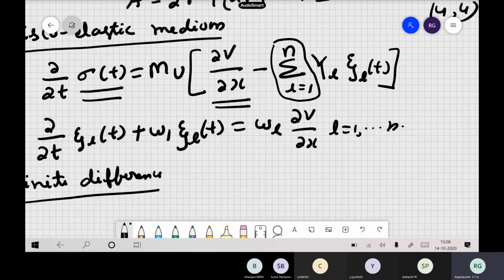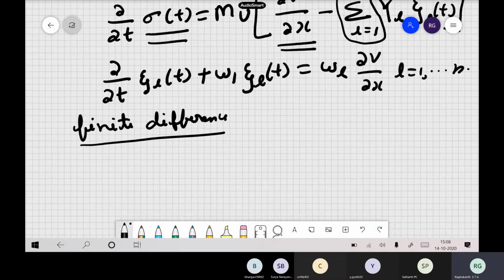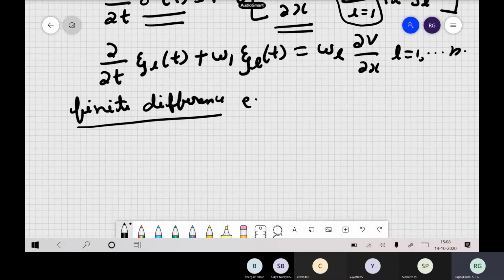Whereas in the previous case you have only one coefficient, theta and zeta, so for the perfectly matched layer that was sufficient. But now you will have all the constants here. So this also you can represent in finite difference format, because all of them are ordinary differential equations. So you write finite difference equations for these coefficients psi L of t. So it is very easy.